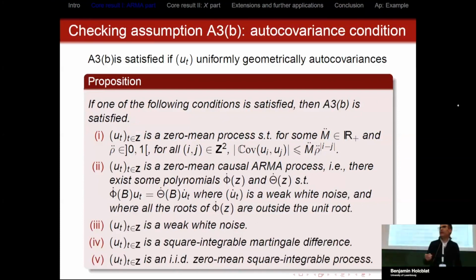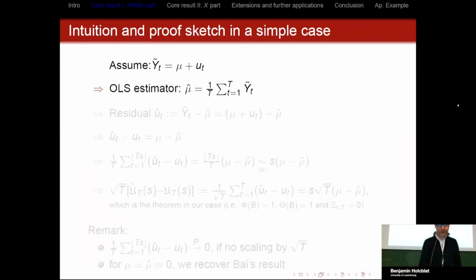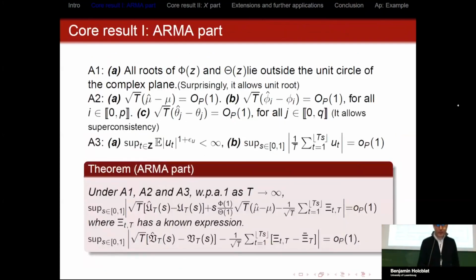So I have 5 minutes. Let me just tell you why, when I was telling you that the assumptions are pretty weak in this paper, the only one you might wonder about is this one, and why this assumption is satisfied under very general conditions. I will provide you 2 catalogs of assumptions that allow you to check it.